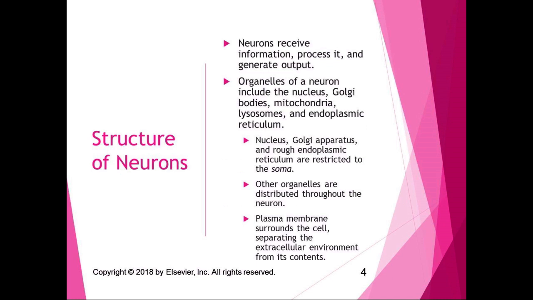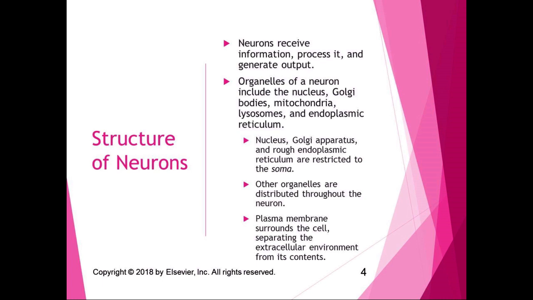So neurons, the main jobs that they do are receiving information, processing information, transmitting the information to another cell, and then transferring that to the next cell in the line. So that's their job.